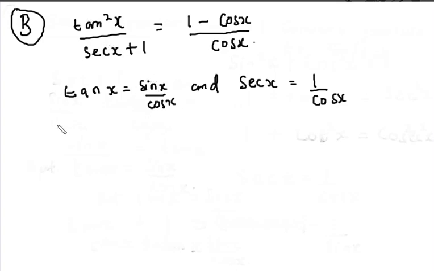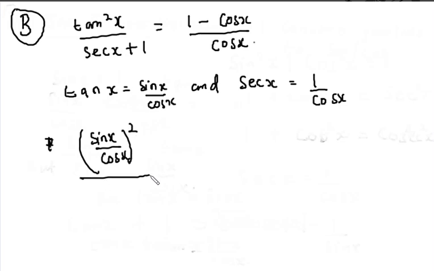So this becomes sine x over cos x square, divided by sec x, which is 1 over cos x, plus 1. This is equal to 1 minus cos x over cos x.